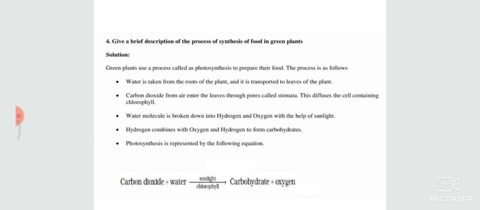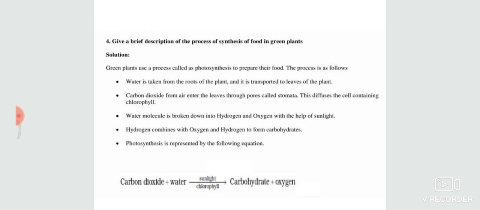Carbon dioxide from the air enters the leaf through pores called stomata. This diffuses into the cells containing chlorophyll. The water molecule is broken down into hydrogen and oxygen with the help of sunlight. Hydrogen combines with carbon dioxide to form carbohydrate.